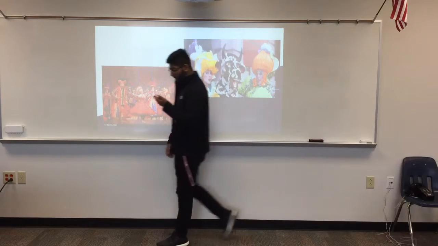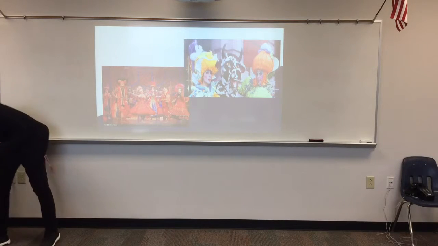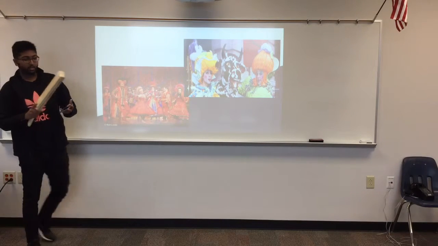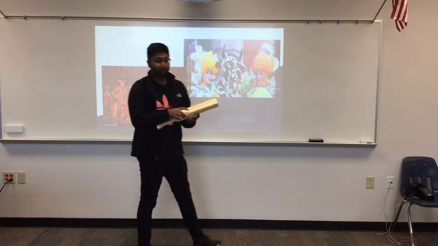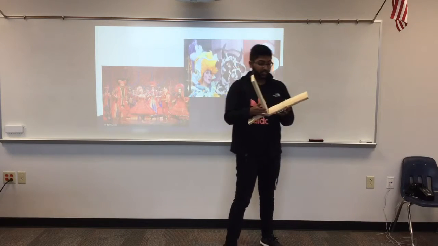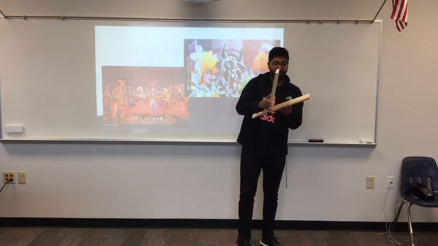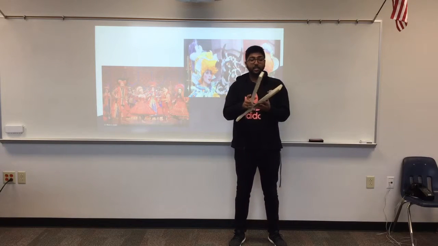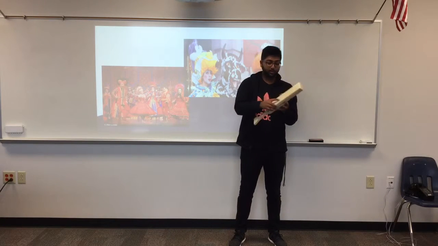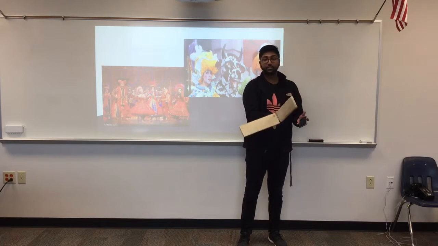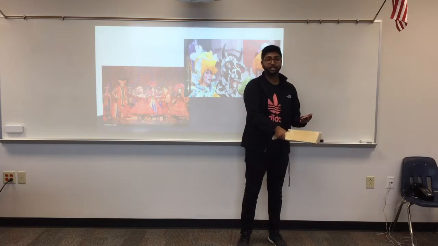Slapsticks, which get their name from the design, were often used in Commedia dell'arte and pantomime. It's a type of prop that makes a loud noise that makes it hysterical. So when you hit it, this flap opens, and then when you close it, it makes a loud noise.